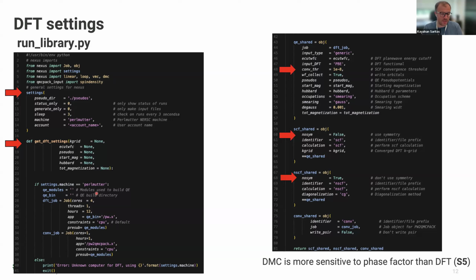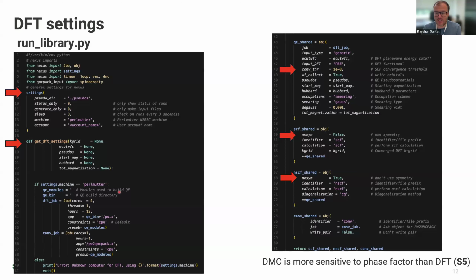Later on, you could transfer all the files and then change only the machine name in here so that you can continue the QMC part of the calculations without interruption, so that you make sure you don't run DFT on a computer that you're not initially supposed to run.